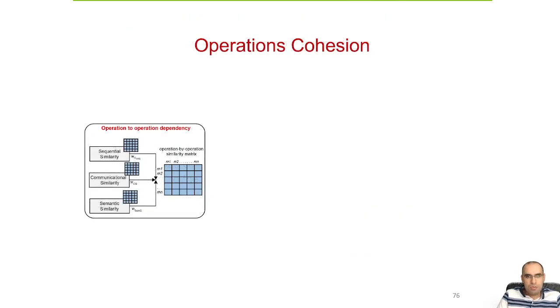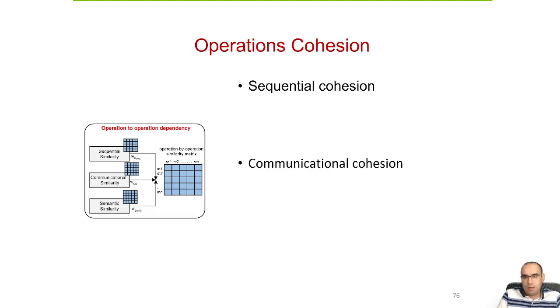And we also used several types of cohesion for a service interface. First, we used sequential cohesion. A service interface is sequentially cohesive if it includes pairs of operations such that the output data produced by one operation are used as input for the other operation.